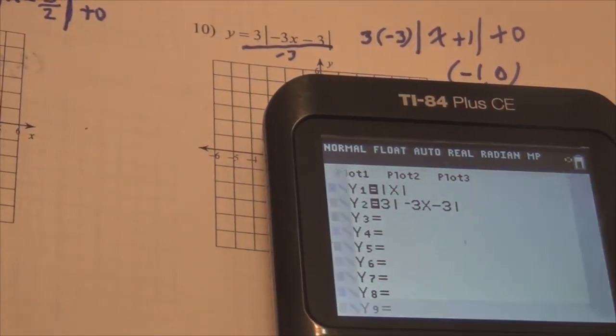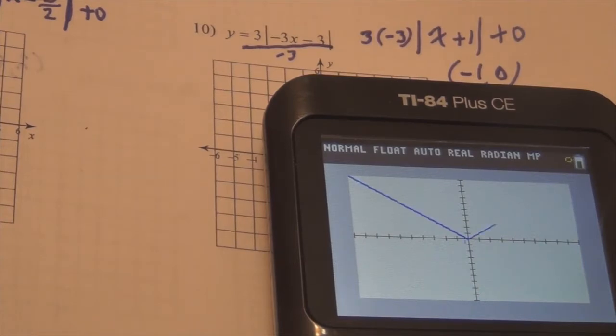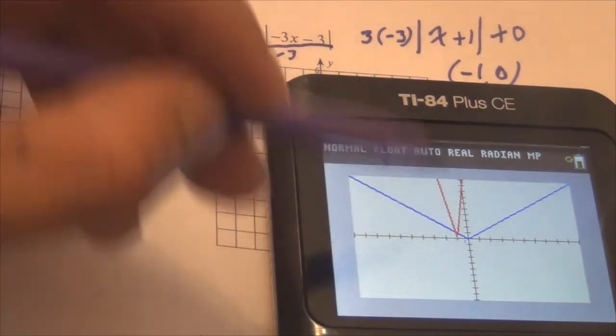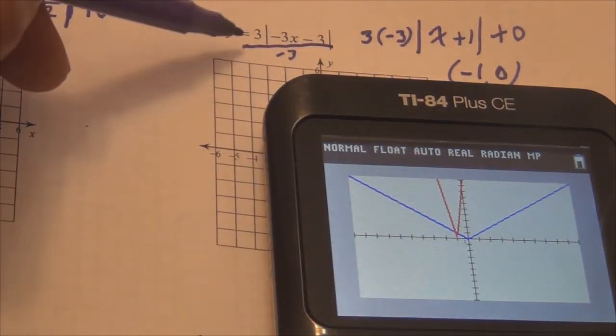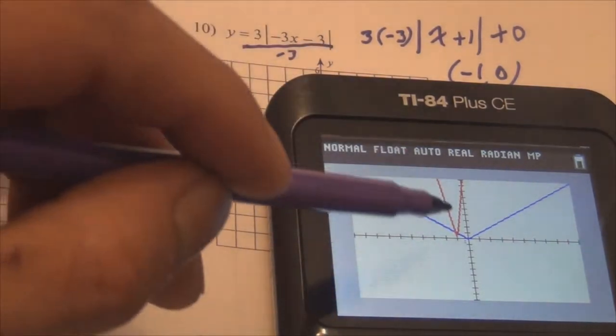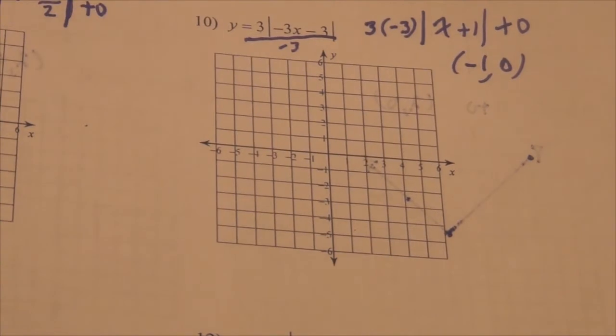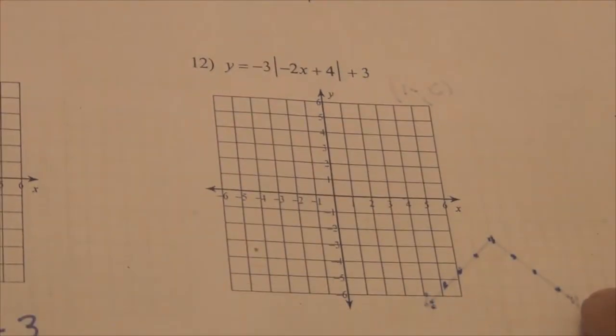Okay, that's it. So that's the parent function right there, and now it shifts 1 unit to the left and vertex at 0, and look, since the coefficient here is larger than 1, then it becomes skinnier. Got it? Boom. All right, now I want you to try this one, and that's the last one you try.